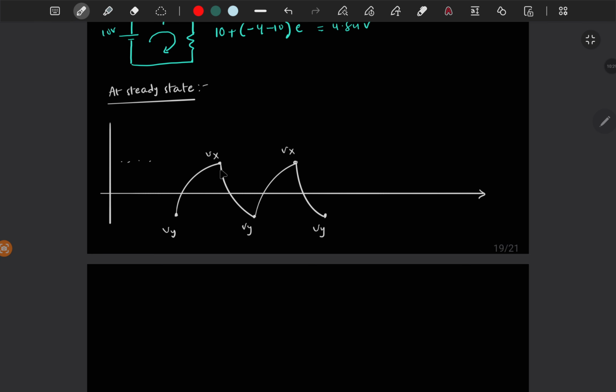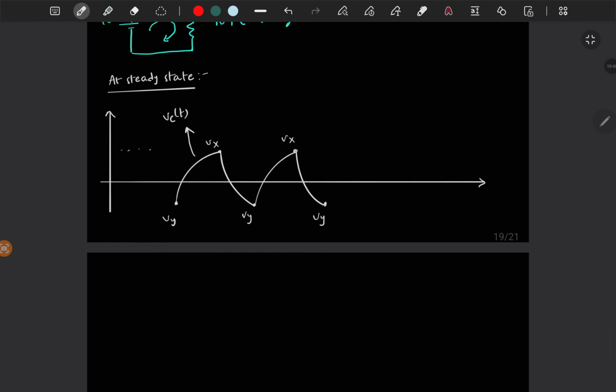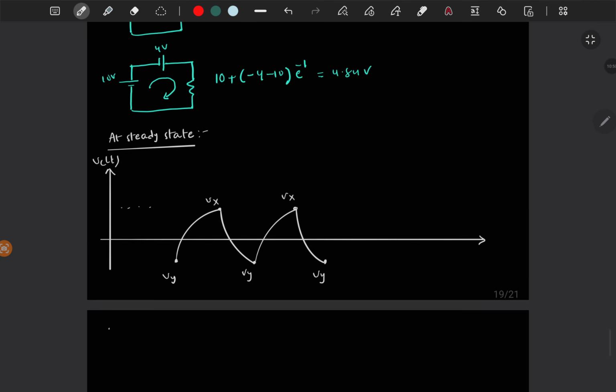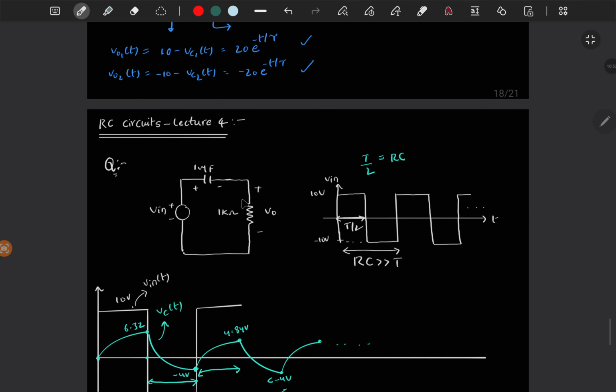Now how can we find this Vx and Vy? Let's see. So this is Vc of t, and we can also draw, in separate graph V0 of t. I am saying V0 is output across the resistor.